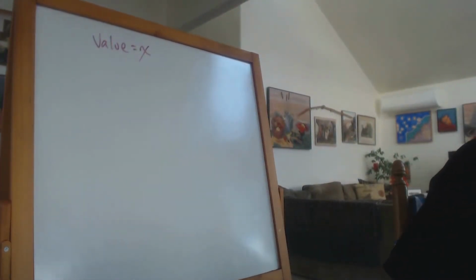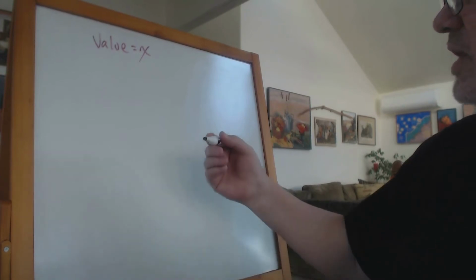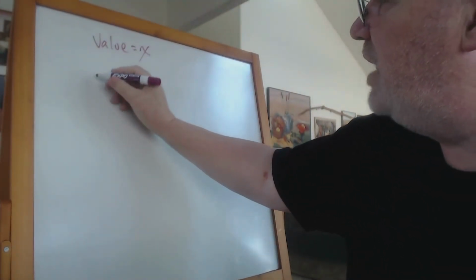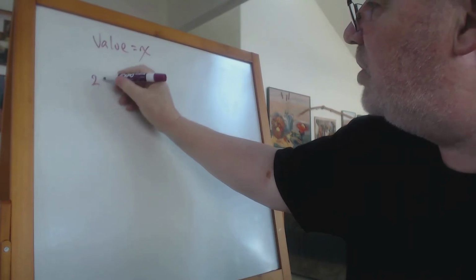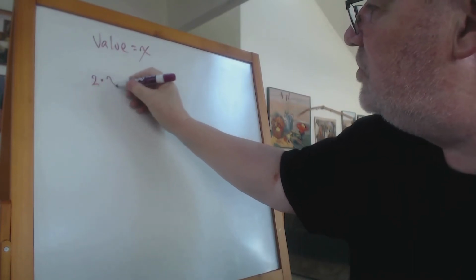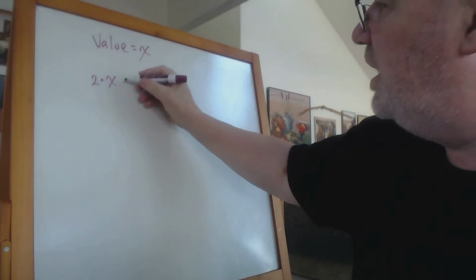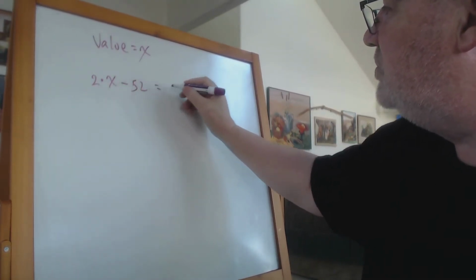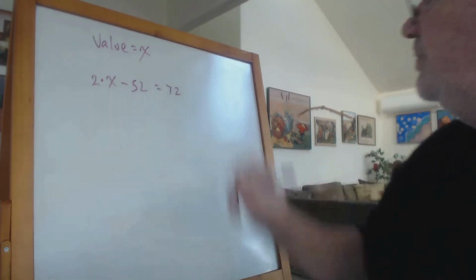So let's write it out in full equation form. We said that this value, when multiplied by 2, so 2 times X, and we subtract 52 from it, is equal to 72.